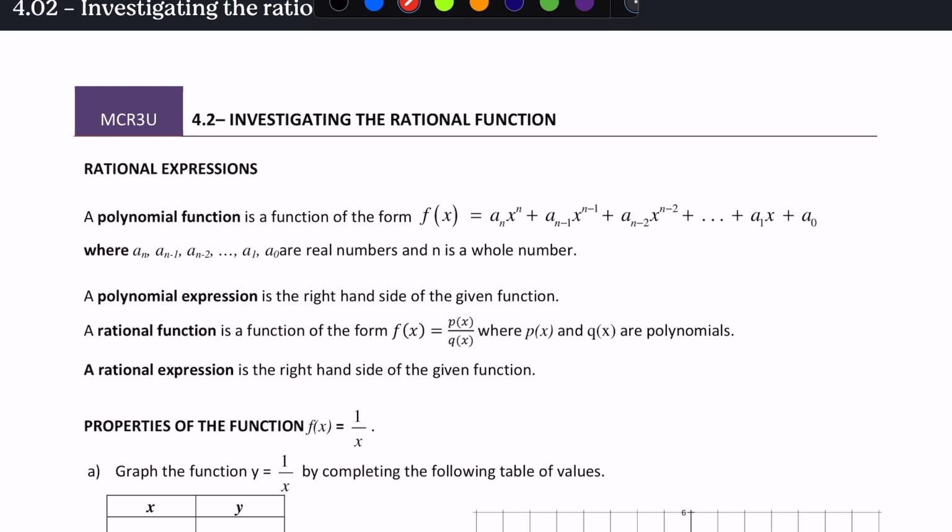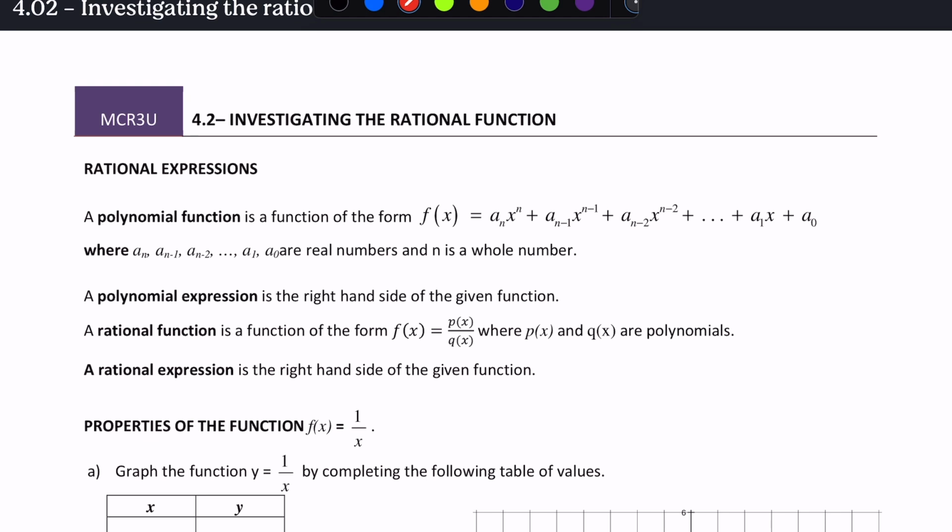So when we look at rational expressions, we see that a polynomial function is a function of the form f(x) = a_n x^n + a_(n-1) x^(n-1) + a_(n-2) x^(n-2), and so on and so forth, until we get to a_1 x + a_0.